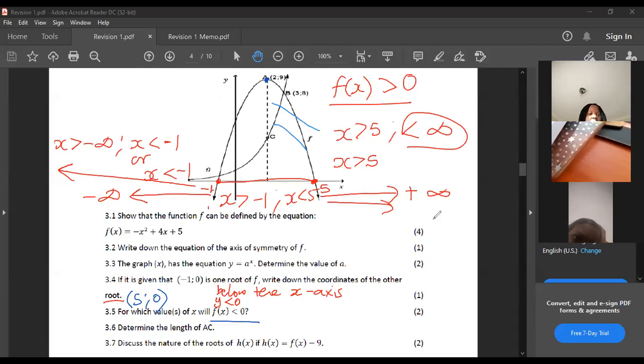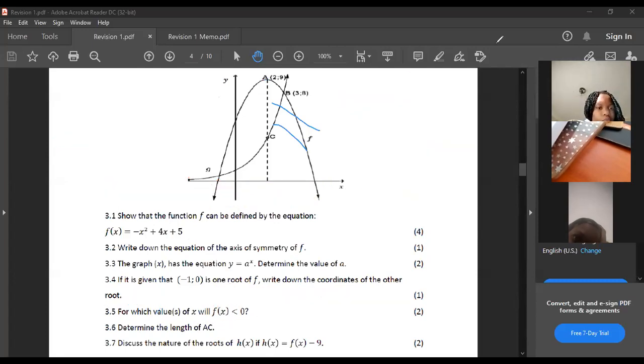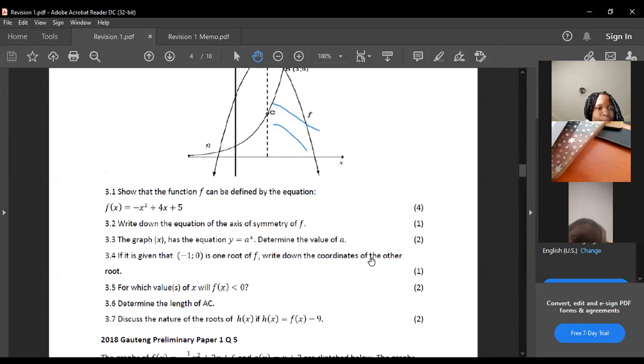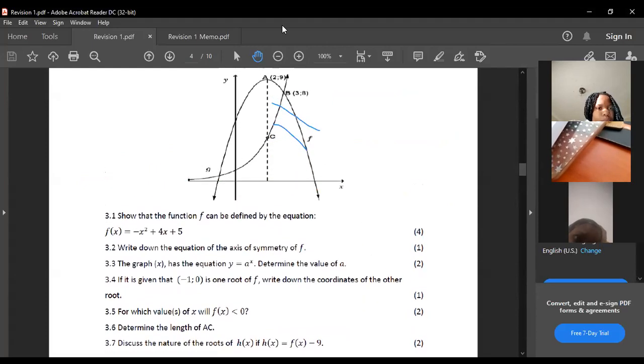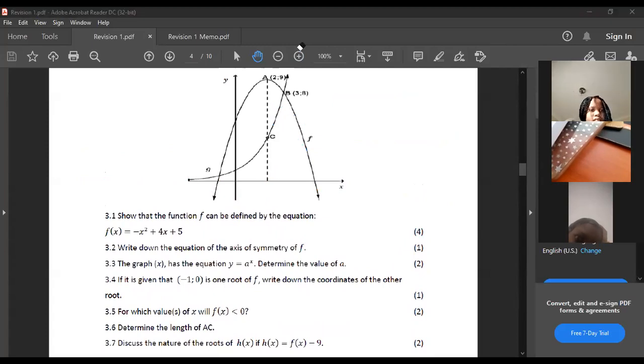Right. Determine the length of AC. Okay, C is on G. Right.